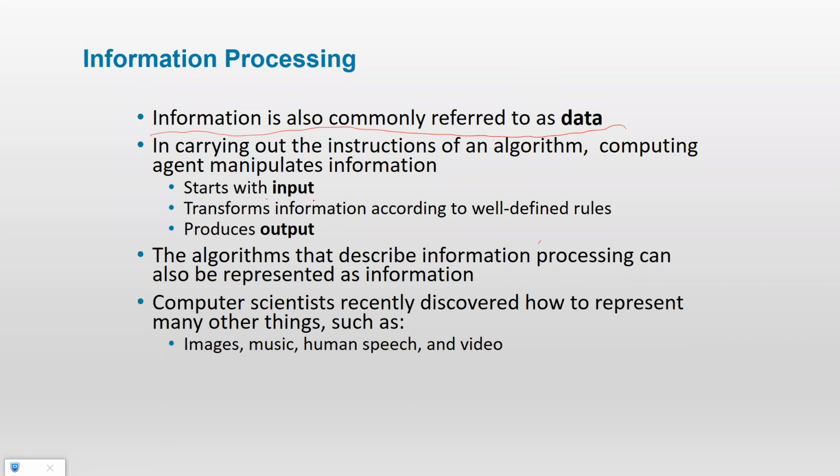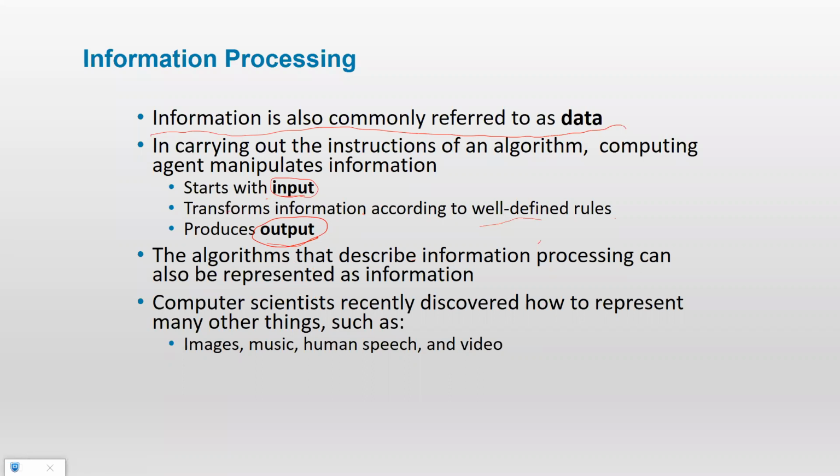It starts with input, which is actually the data, transforms data according to well-defined rules, and produces information or output. So give me the input, I will process it, and then I will give you the output, right? Give me the data, I will process it, and then I will give you the information.